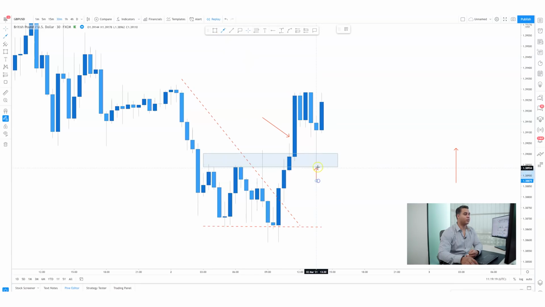So we not only have weakness, we have a huge wick rejection, and at the time we plan to take the trade, we can see that there's a lot of bullish sentiment indicating that the dollar's weakening.